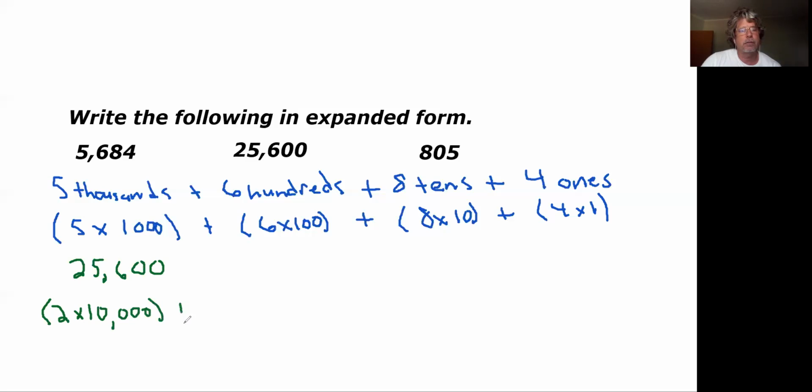And then plus then 5 is in the thousands place, so that means 5 1,000s. So write that as 5 times 1,000. Plus then, instead of saying 600s, we can say 6 times 100, 6 100s.